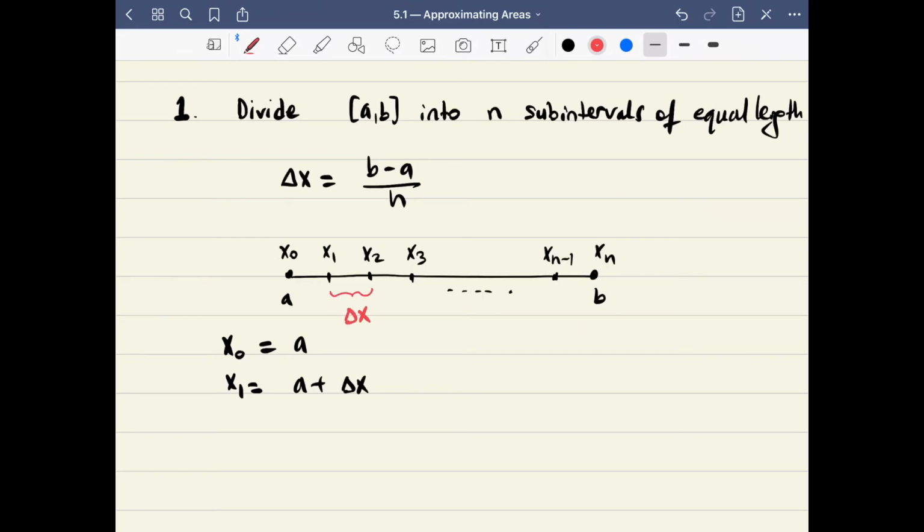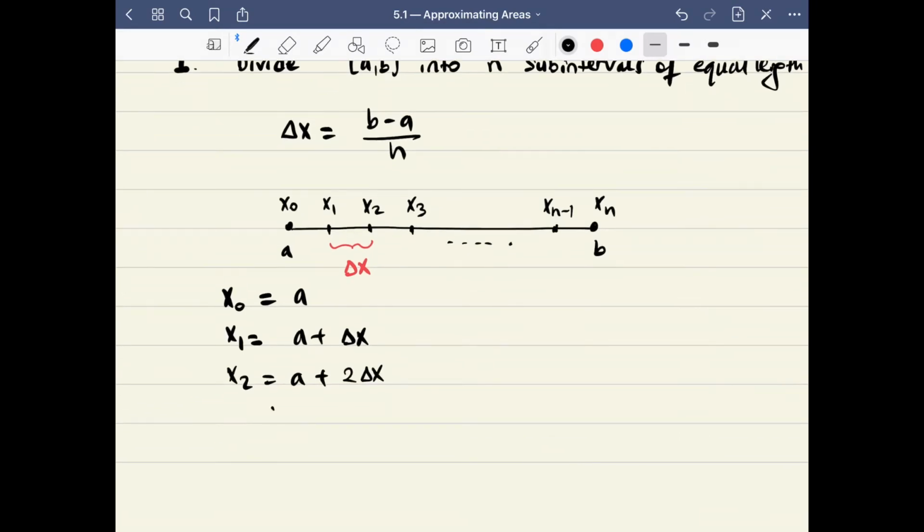All of the lengths are the same. So x2 now is a plus 2 times delta x. Okay, and you keep going like that. So in general, x sub i is equal to a plus i times delta x, and the very last one is x sub n, which is b.